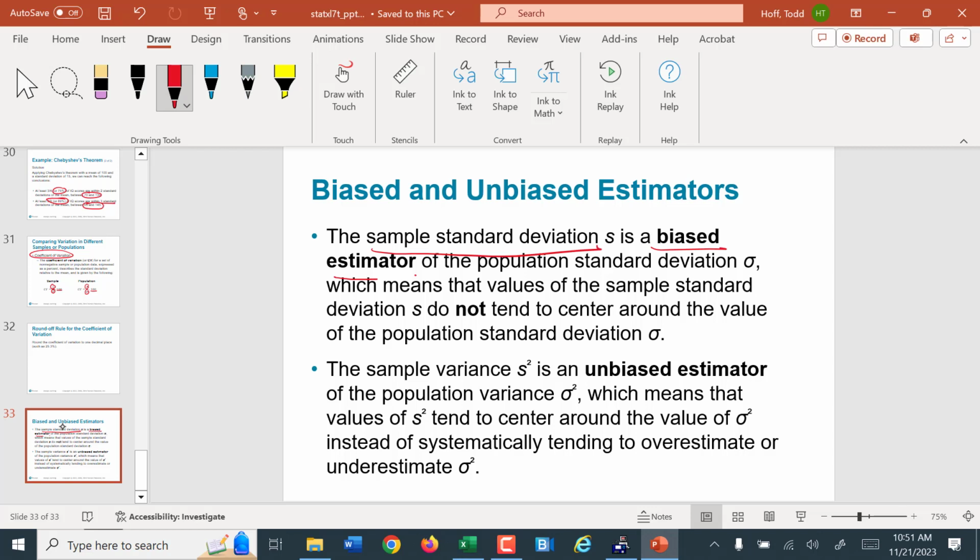It's biased. It's off to one side or the other. However, the variance is an unbiased estimator of the population variance. So if we take a bunch of samples and calculate the variance of each of those samples, if we find the mean of those variances, it should be really, really close to the population variance.